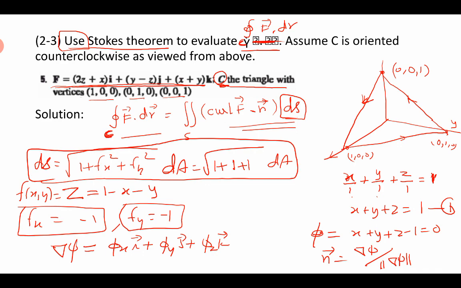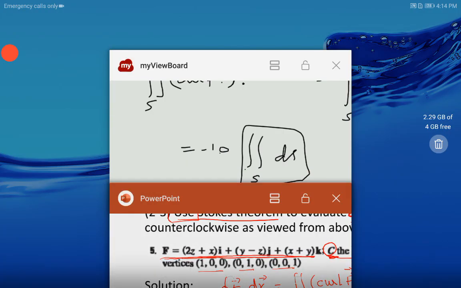When you differentiate this with respect to x, you get 1 i; with respect to y, again 1 j, and 1 k. I vector plus j vector plus k vector, that is del phi. Therefore what is the norm? Remember what is ds and what is dA, dx dy. Now move to the worksheet.